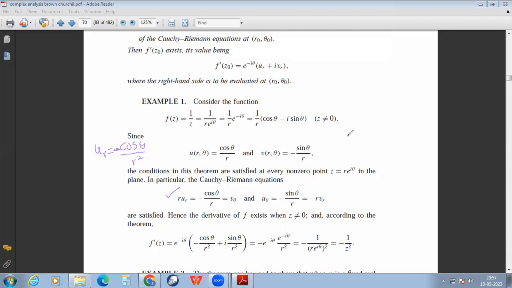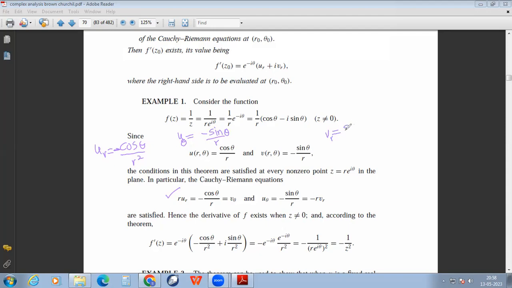And now you want u theta. So what will be u theta? Derivative of cos is minus sin. Yes, it has to be minus sin theta upon r. So let us go with v. v_r, what will be v_r?